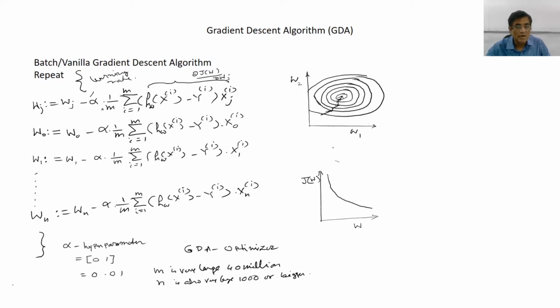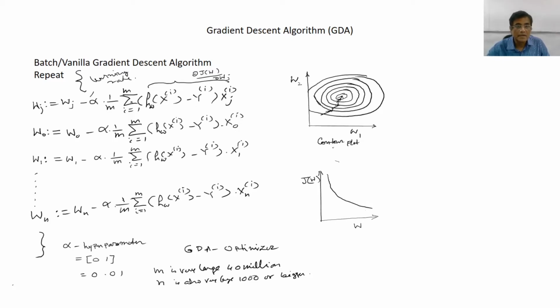For one step, the algorithm, in the contour plot we have shown, here with two parameters, this is the goal and this is how the algorithm is moving. Very steadily but very slowly it will go to the destination.